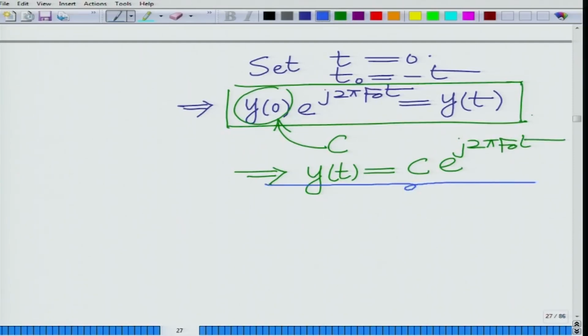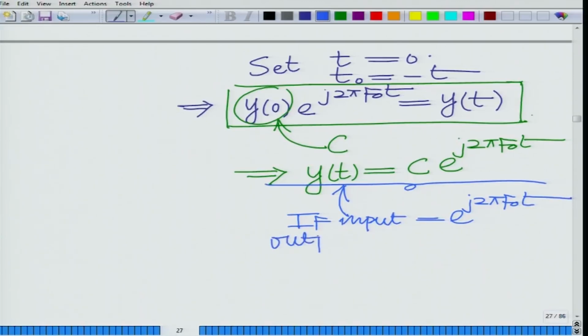Now this is y naught, you can call this your constant c. So y of t equals some constant c times e to the power of j 2 pi f naught t. So the output is simply a scaled version of the input. That is, if the input equals e to the power of j 2 pi f naught t, the output equals some constant factor times the input.